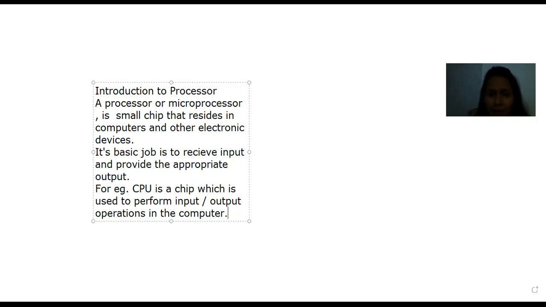So CPU is used to perform input output operations in the computer. Why do we use the CPU in the motherboard? To perform the input output operations, we use the CPU in the motherboard.